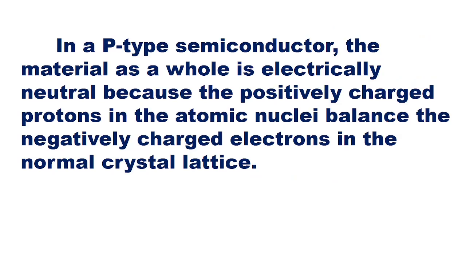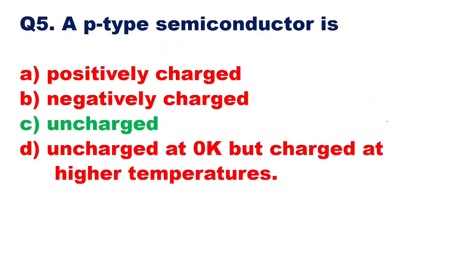So we can conclude that in a p-type semiconductor, the material as a whole is electrically neutral because the positively charged protons in the atomic nuclei balance the negatively charged electrons in the normal crystal lattice. Therefore, the option that is uncharged, option C, that is electrically neutral, is the correct option. Therefore, we conclude that a p-type semiconductor is uncharged. Option C is the right answer.